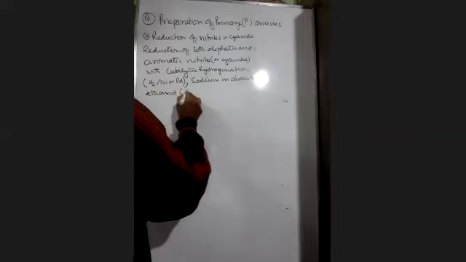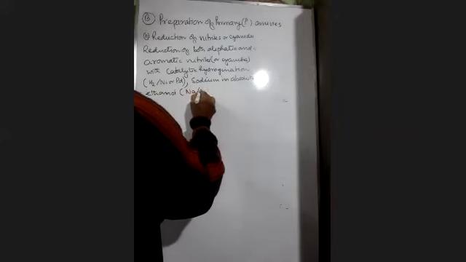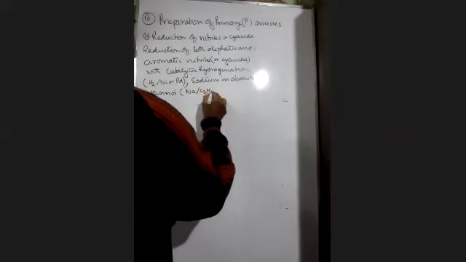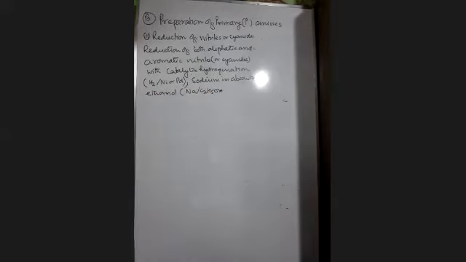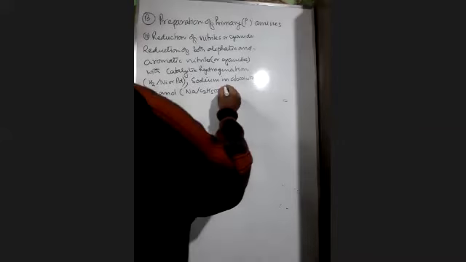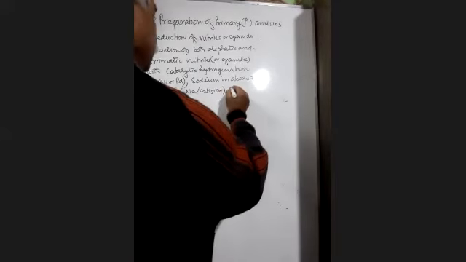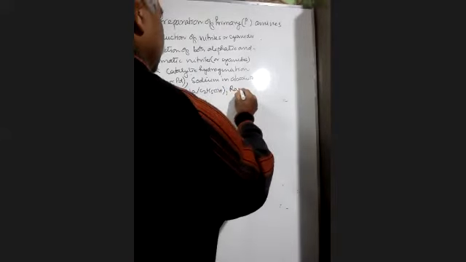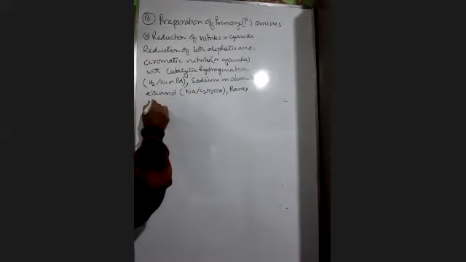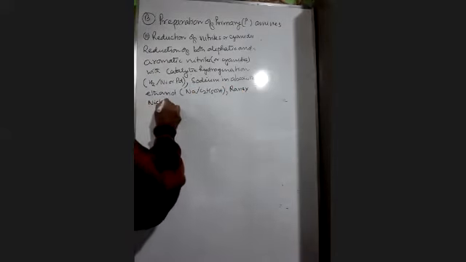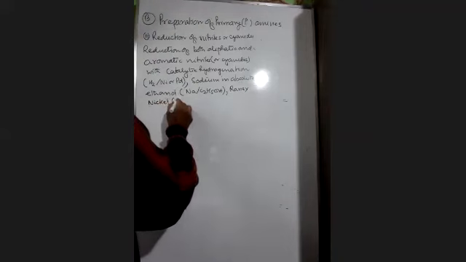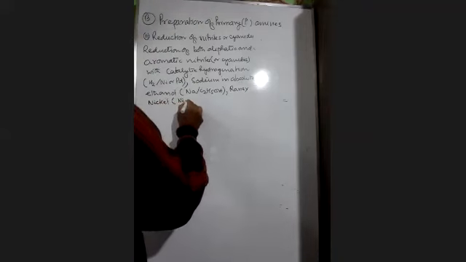What will you do now? You will take sodium metal and add it to ethanol. It's a very strong reducing agent. Then Raney nickel. Raney nickel is an alloy of nickel and aluminum, dear.